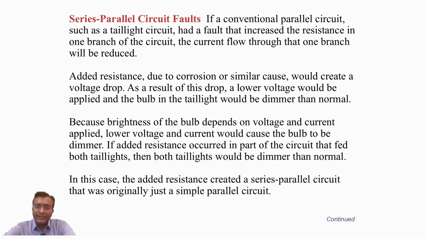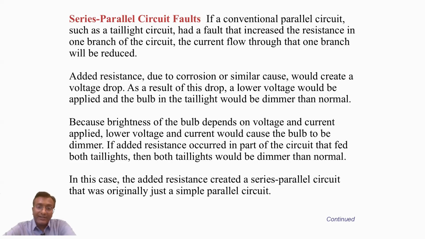As a result of this drop, a low voltage would be applied and the bulb in the tail light would be dimmer than normal. Because the brightness of the bulb depends on the supply voltage and the current applied, the low voltage and the current would cause the bulb to be dimmer.